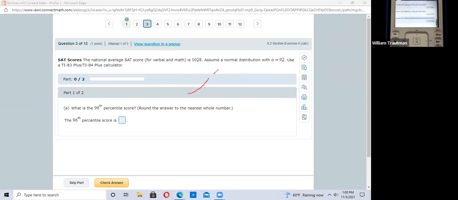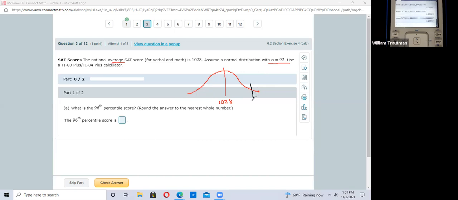Here's the normal curve. The average is 1028 for the SAT. Standard deviation is 92. What is the 96th percentile score? So 96 means you did better than 96% of the people.